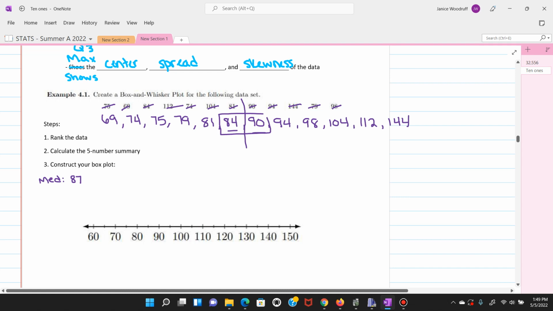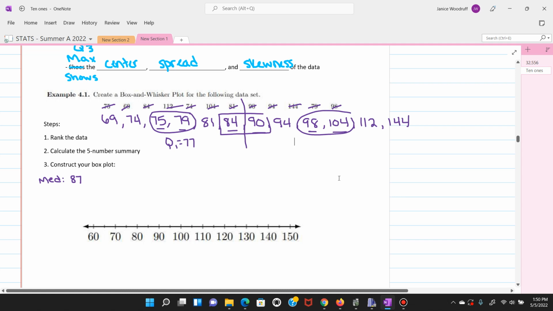So 1, 2, 3, 4, 5, 6. 1, 2, 3. 1, 2, 3. So we're going to go in between 75 and 79 for quartile 1, which would be 77. And then I'm going to do the same thing up here. So 1, 2, 3. 1, 2, 3. So between 98 and 104.